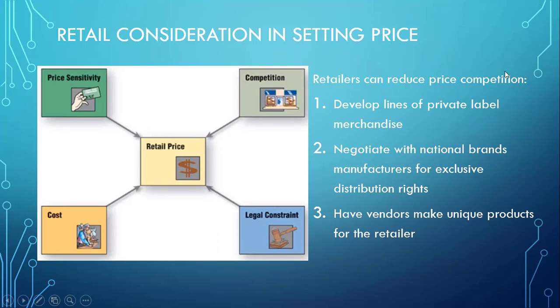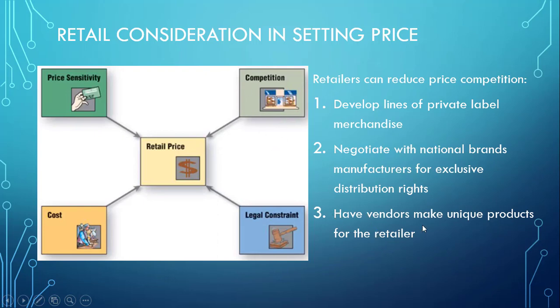So, competition, we have discussed these issues. Retailers can reduce price competition with these three techniques. For instance, retailers might develop a line of private label merchandise. So this is one. The second is that you might negotiate with the manufacturers for exclusive distribution rights, meaning if you are the only one who is eligible to distribute those products, then you will reduce the impact of competition.